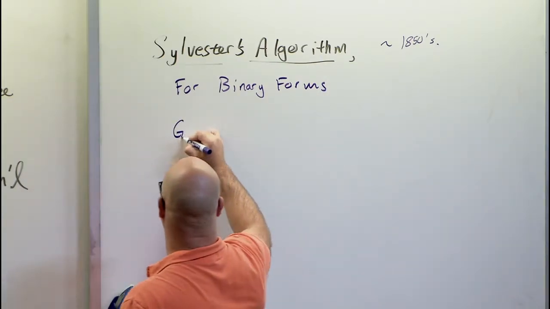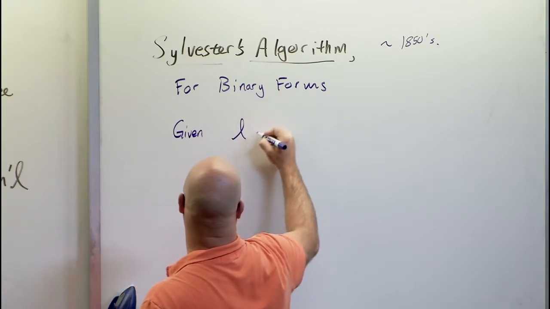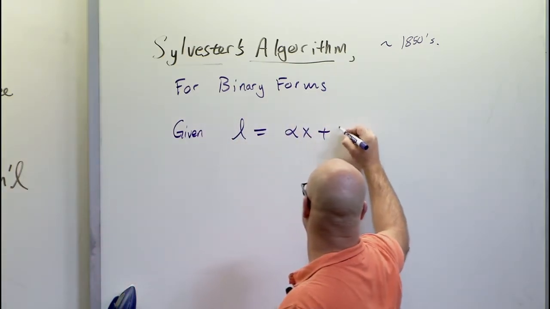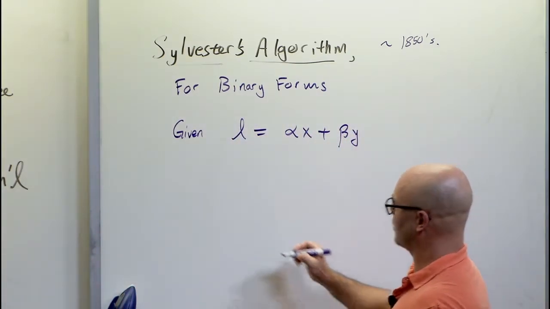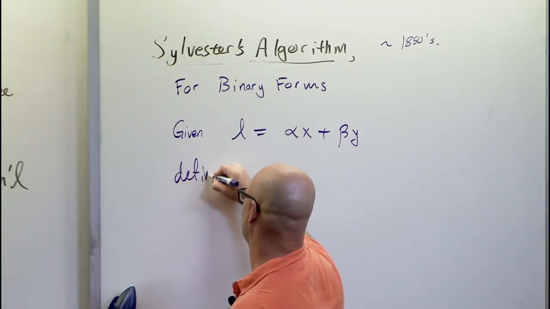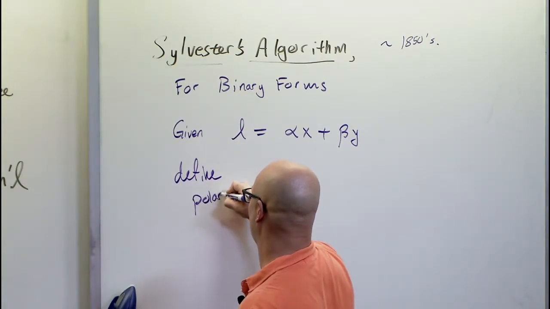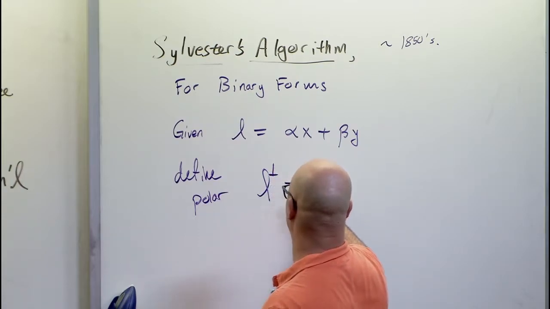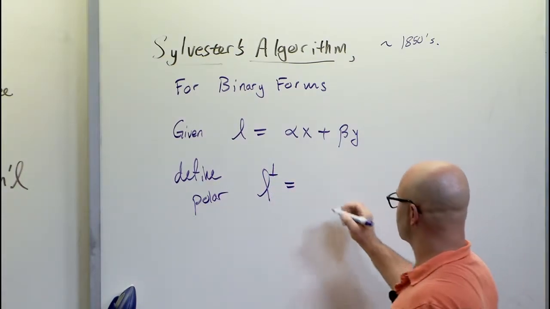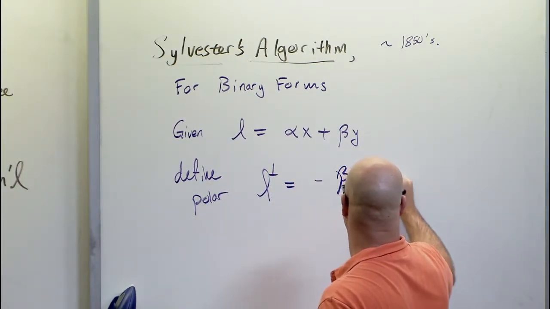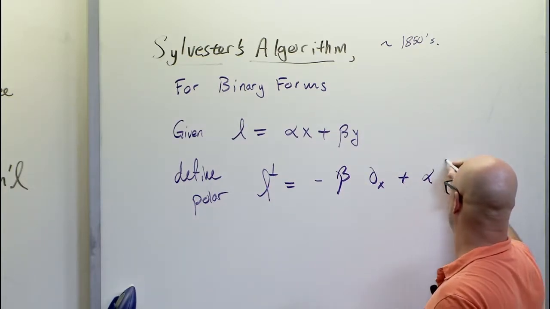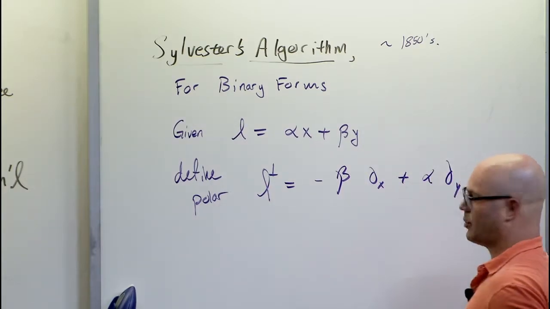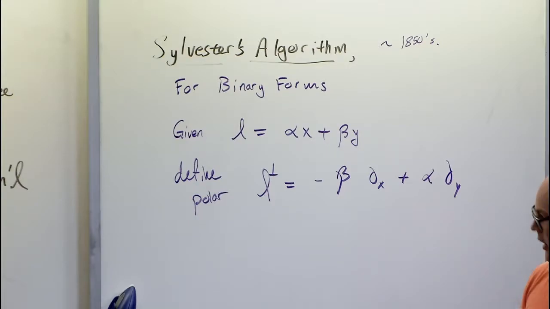So if we're given, say, L equal to alpha x plus beta y, then we're going to define the perp, L perp. It's going to be minus beta partial x plus alpha partial y. Sorry if my partials, alphas and betas look very similar, so just ask me if you can't read something.